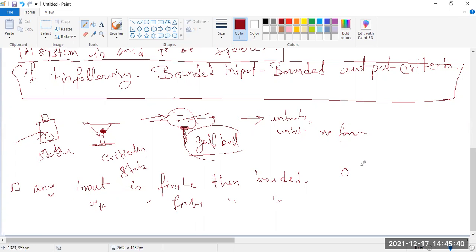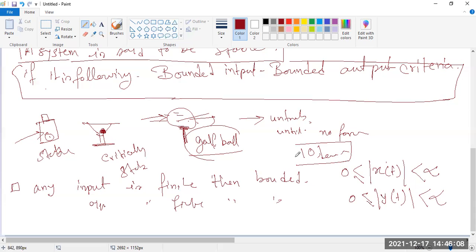For the input, mod of x(t) is always less than infinity. And the output, mod of y(t), is also less than infinity. Within this infinity, say we are applying 1 lakh or 10 lakh, it is also bounded because we can determine it. But if it is not defined, meaning undefined functions, then it will be unstable.